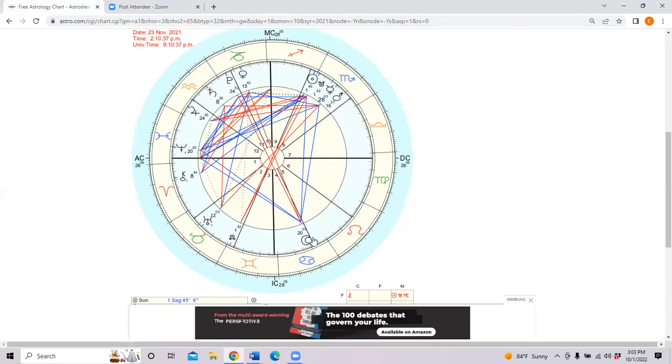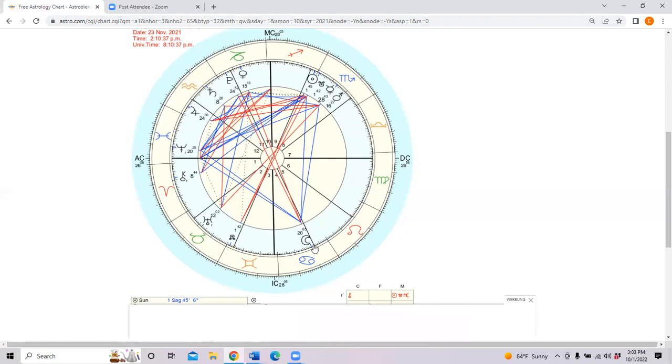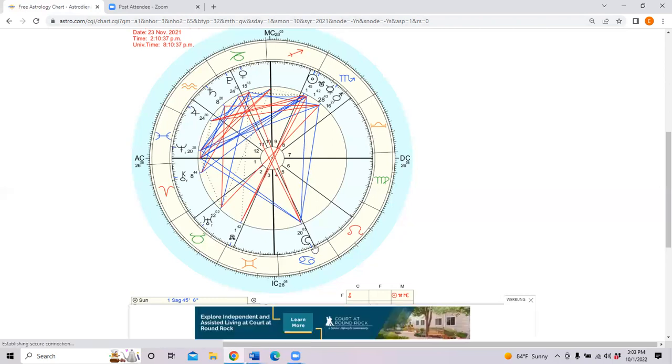I also take a look at where the solar return moon falls in the chart, by sign, house and in aspects, just like with the sun. So here we have the solar return moon in Cancer in the fourth house. That would definitely want to be noticed.